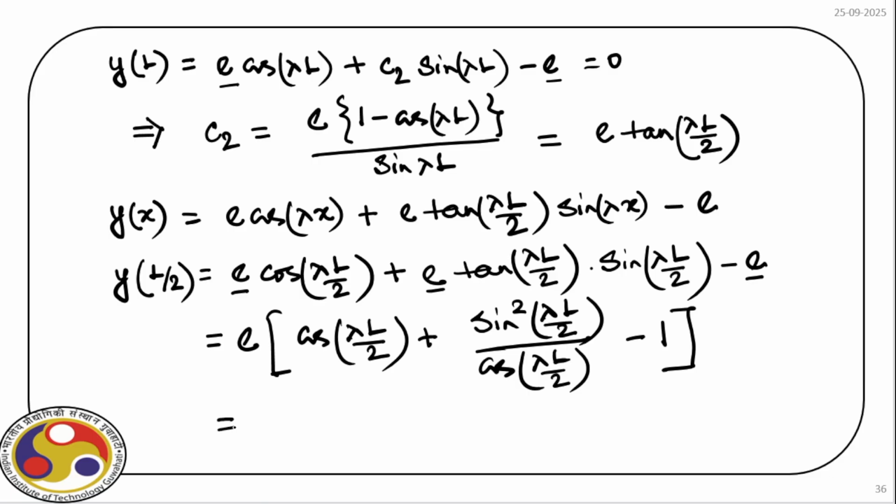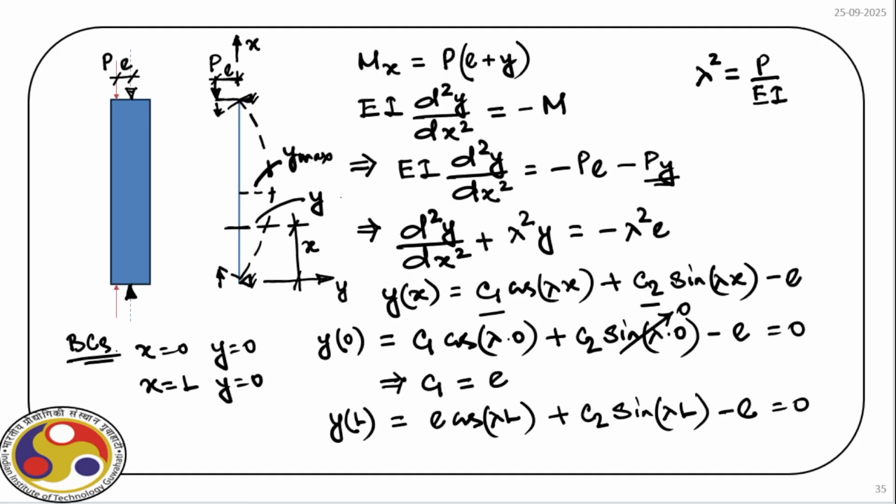Then obviously if you simplify this further, we have cos square lambda L by 2 plus sine square lambda L by 2 in the numerator. So effectively we get E times sec lambda L by 2 minus 1, and that is the expression for maximum deformation. So this is y max, which is shown here.